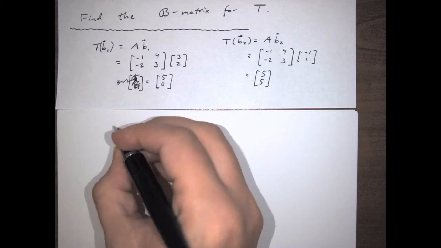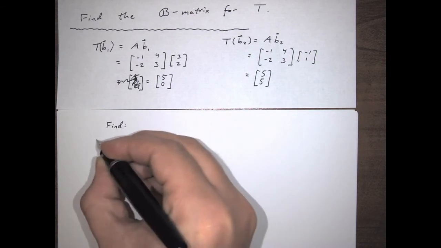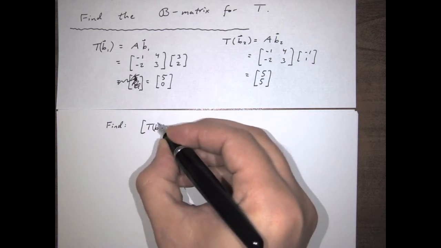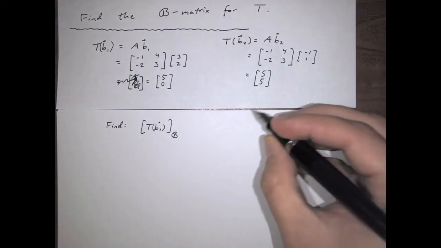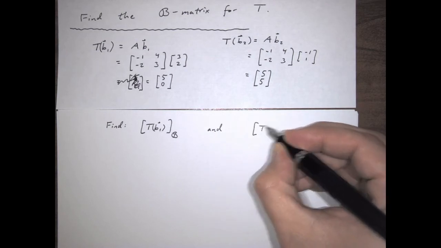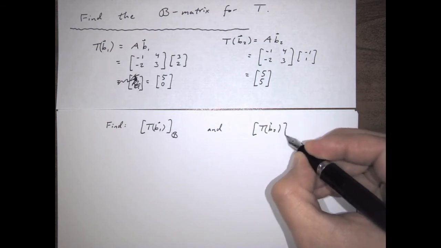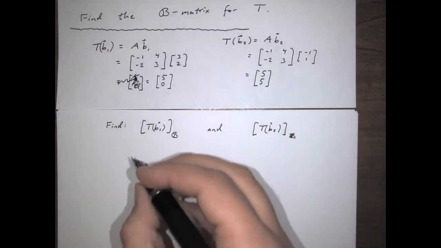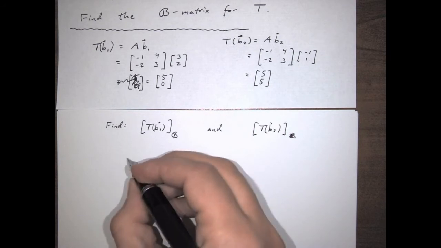And if you think about that, that means that we find T B1 relative to B and T B2 relative to B. But what each of these means is that we have to set up, in this case, an equation.